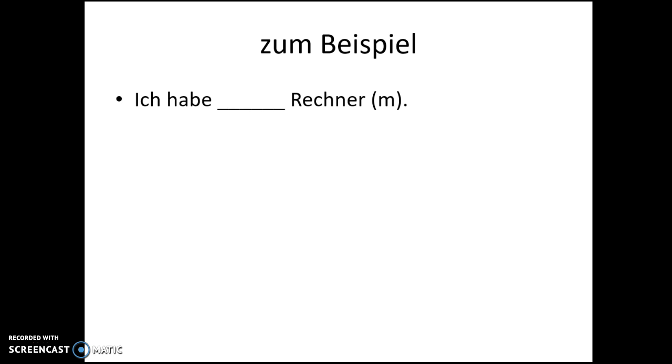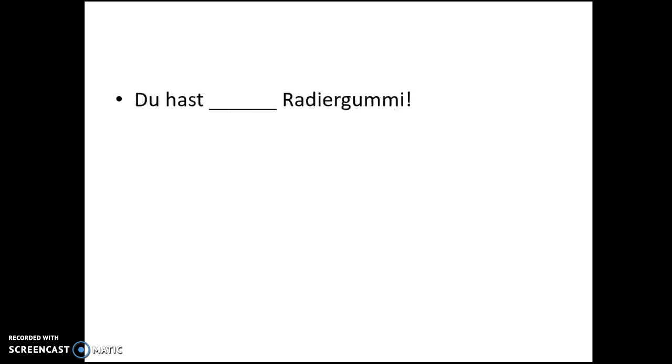Ich habe, Rechner. I have the calculator. If you said, ich habe den Rechner, you're correct. Remember, because the calculator is receiving the action, it changes from der to den in this case. So I've taken away the help here.